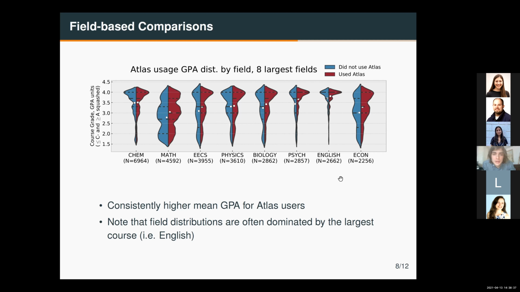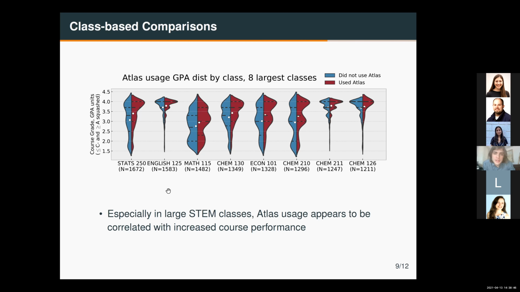But there are different statistics for Atlas users, which we've seen before, just visualized differently. This is the same thing, but for the 8 largest classes taken by first-year undergrads. Again you see the same thing across these courses, with a little less of a difference in something like English 125, where the grade distribution is somewhat more compressed towards the A side in the first place.